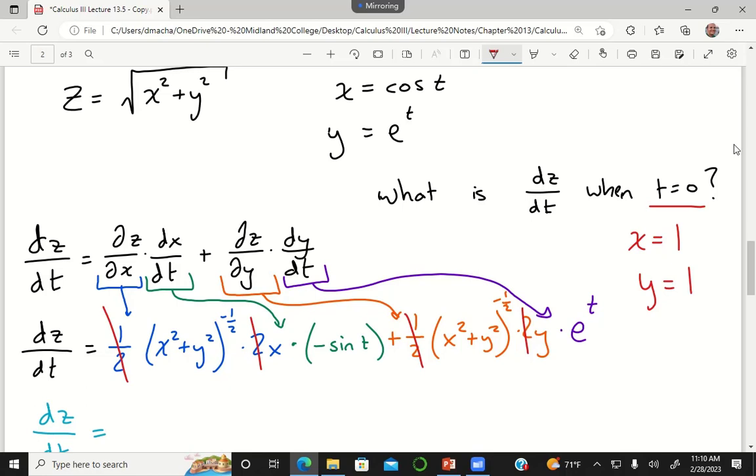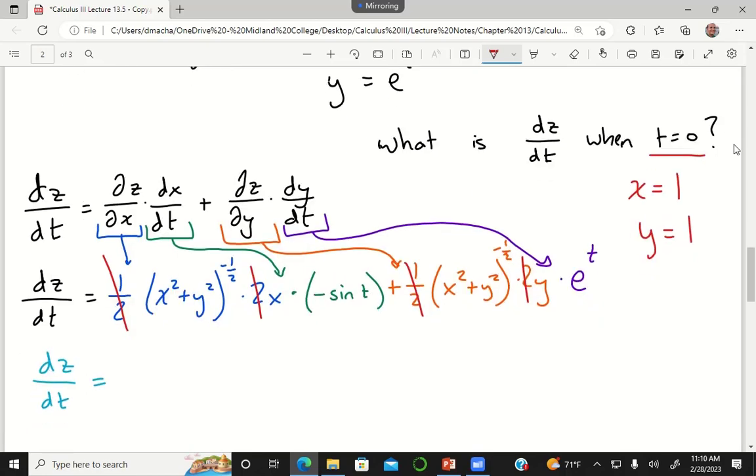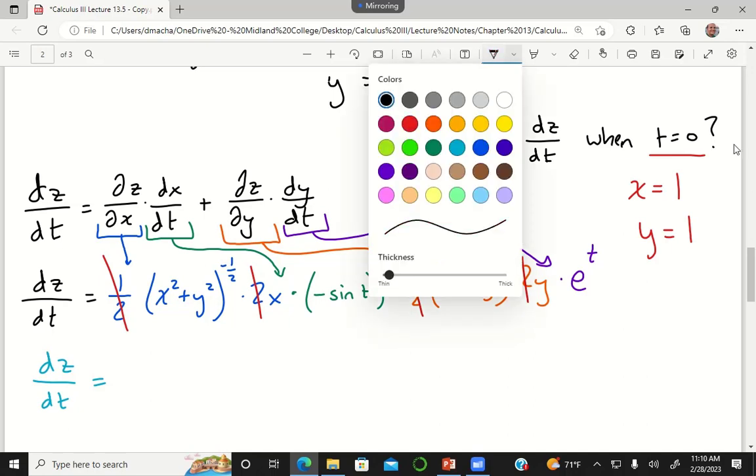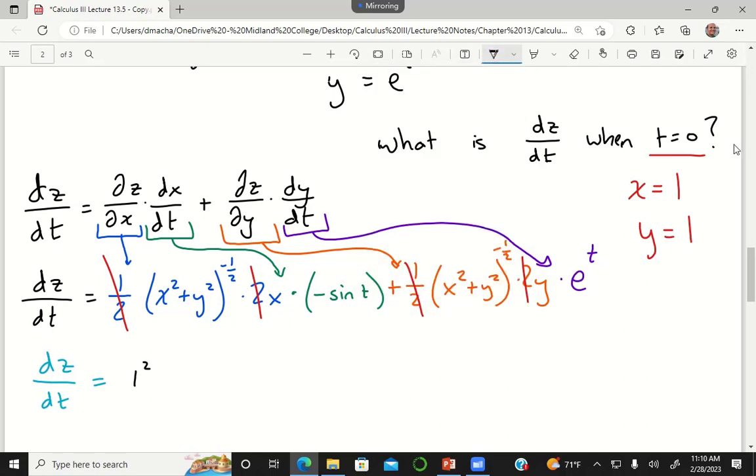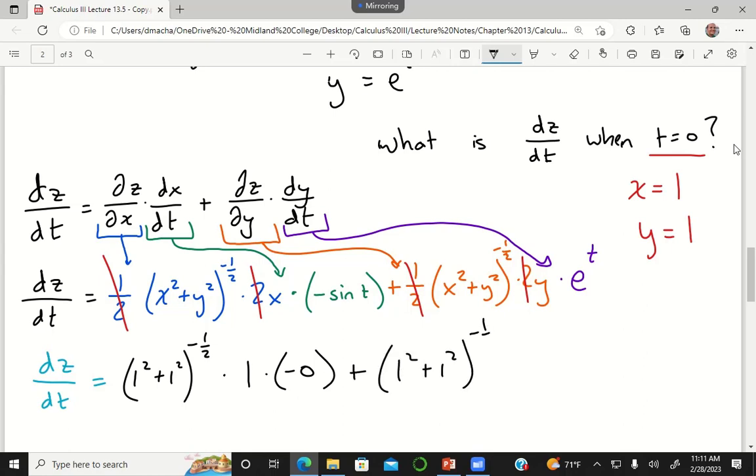So anytime I see an x, I'm going to replace it with a 1. Anytime I see a y, I'm going to replace it with 1. And anytime I see a t, I'm going to replace it with a 0. So this is going to be 1 squared plus 1 squared to the power negative half times 1 times negative sine of 0, which is just 0, plus, again, 1 squared plus 1 squared to the power negative half times 1 times e to the power 0, which is 1.